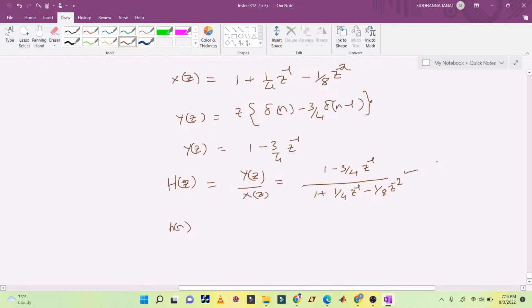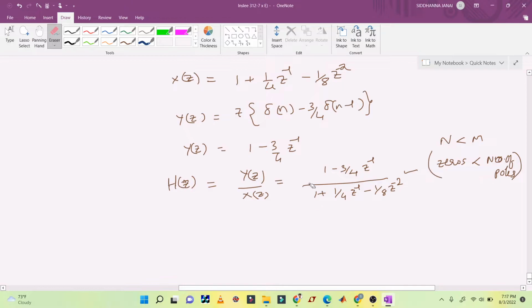Since the number of zeros is less than the number of poles, that is n is less than m, we can directly apply partial fractions and write h of z in a simplified manner. It is a combination of two terms, right? So we need to find the two roots of z here.